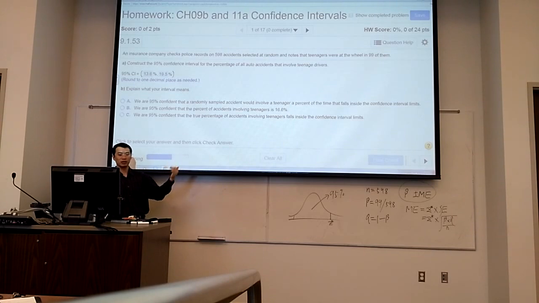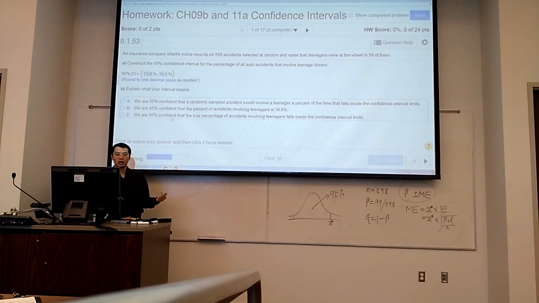If we look at the three options, the first one, we are 95% confident that a randomly sampled accident would involve a teenager or percent for interval. And the second one, we are 95% confident the percent of accidents involving teenagers is 16.6%. We don't even have this number.